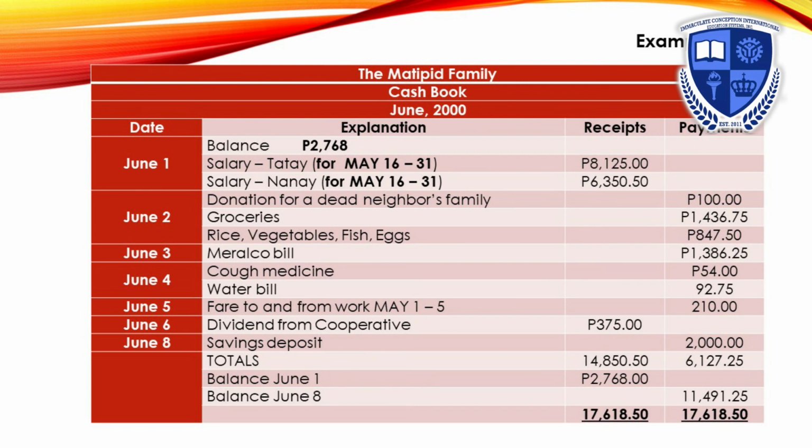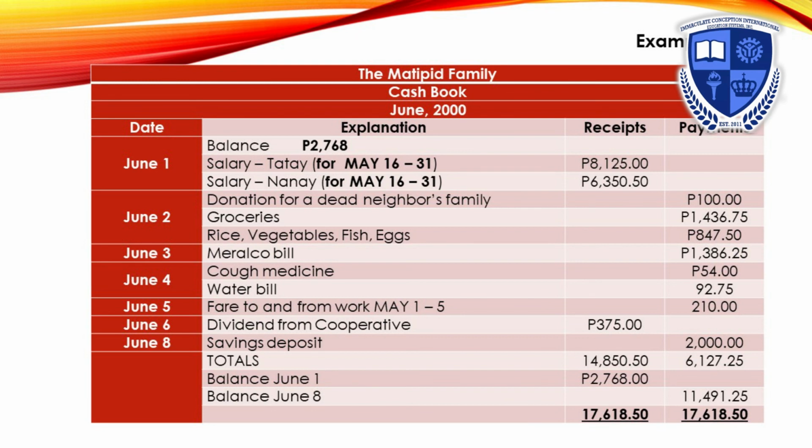For the date of June 6, our explanation dividend from cooperative, nakakuha po tayo ng 375 pesos sa ating receipts. For the date of June 7, our explanation savings deposit is 2,000 pesos. Kung mapapansin niyo po class, lahat po yan ay estimated value lang po.